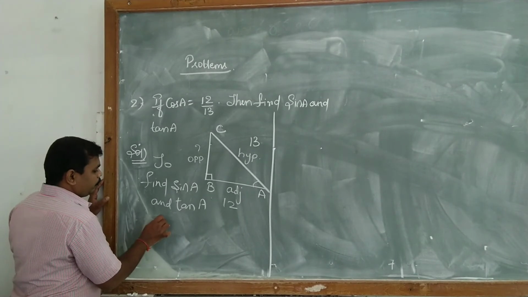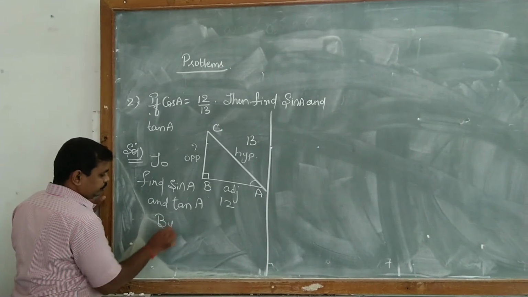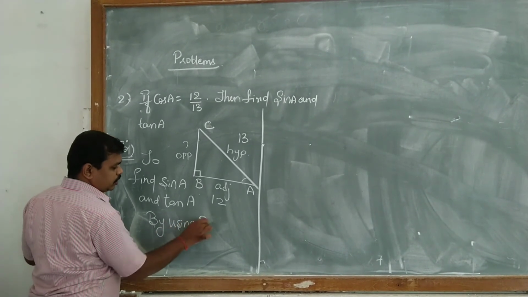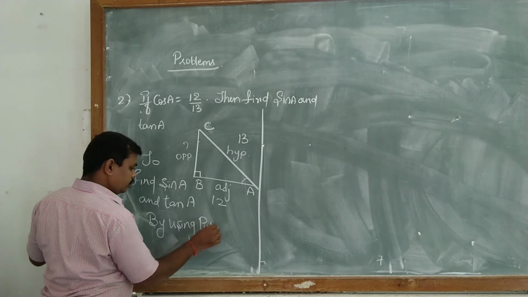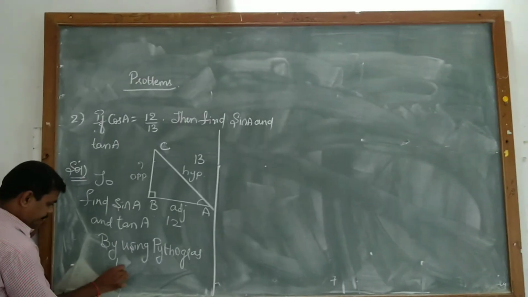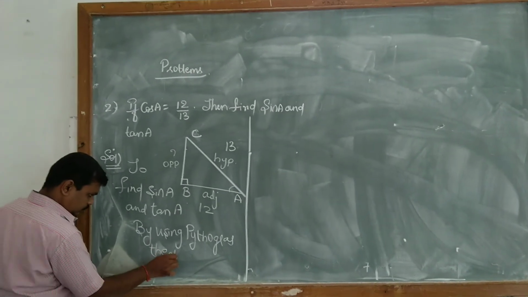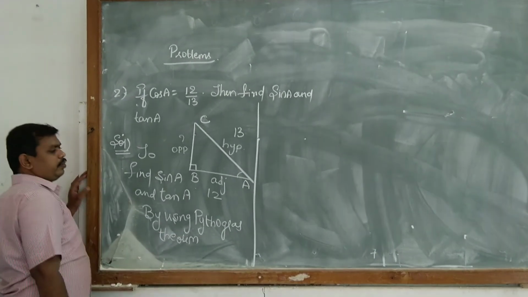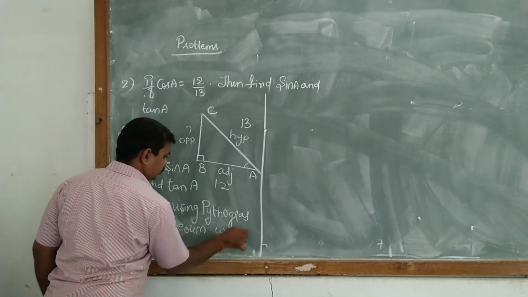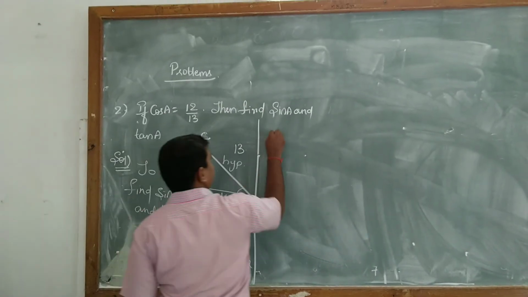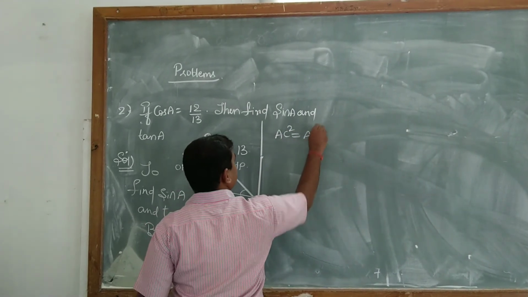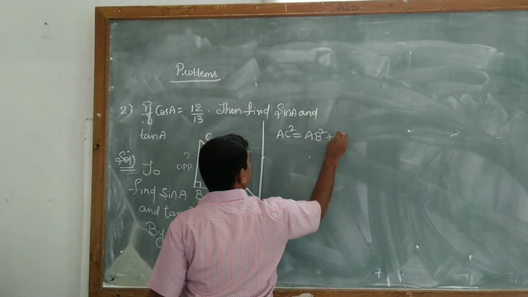Okay. So by using Pythagoras Theorem, we have AC square is equal to AB square plus BC square.